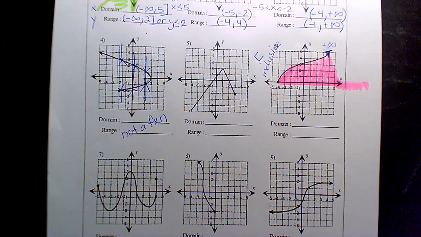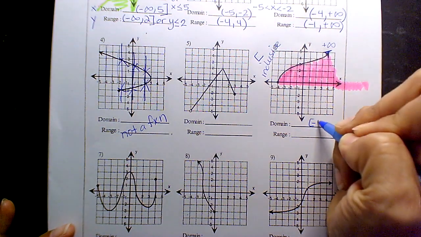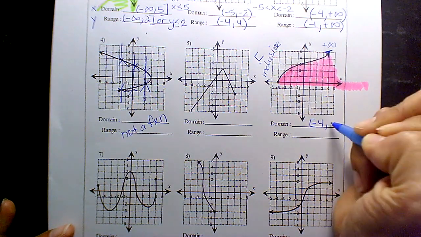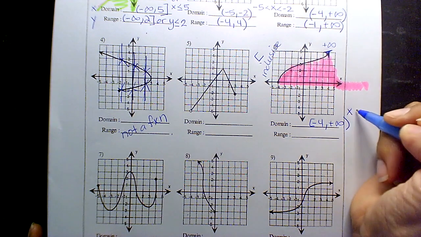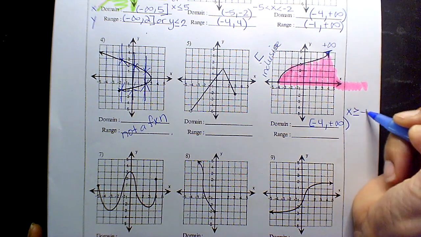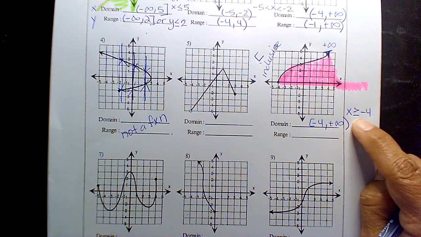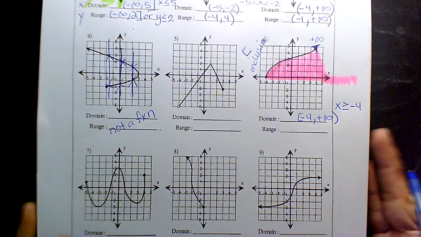Anyone? Yes, -4 bracket to what? Right, positive infinity, parenthesis, right? If you want to write x is greater than or equal to -4, because it's a bracket, so I'd have it equal to, you can do that too.